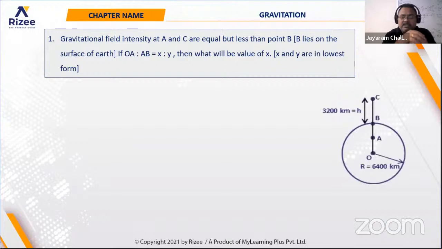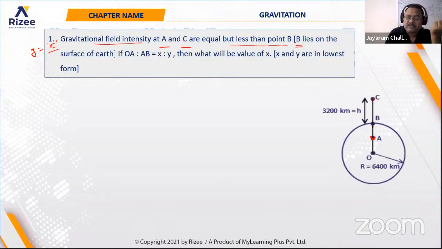Now coming to the questions based on this one. Some other questions. The gravitational field intensity, nothing but g, at A and C, A is the point which is inside and C is the point which is outside, are equal, but less than at the point B. Why?